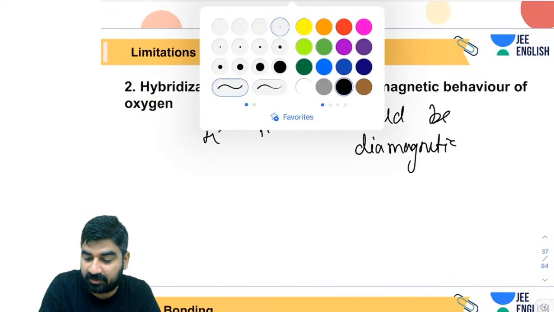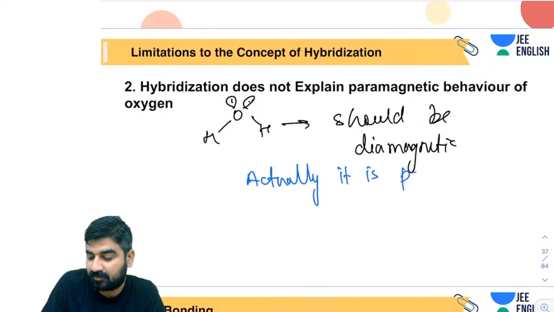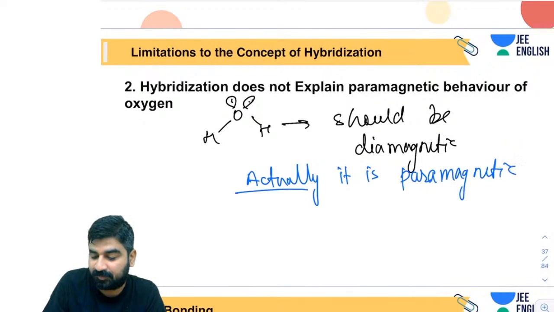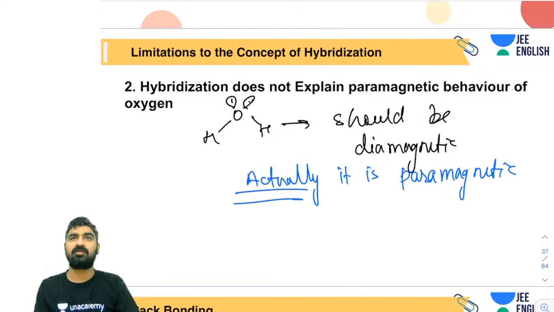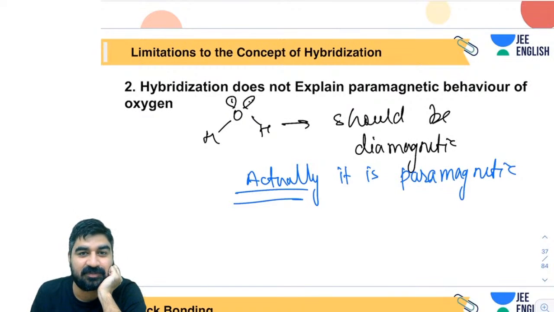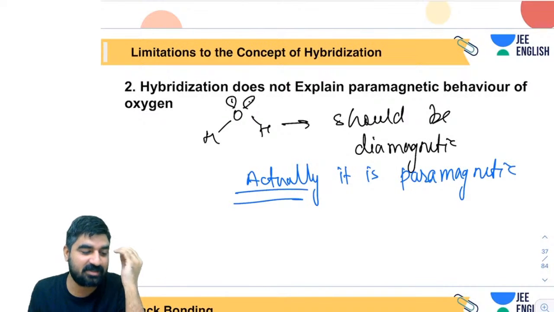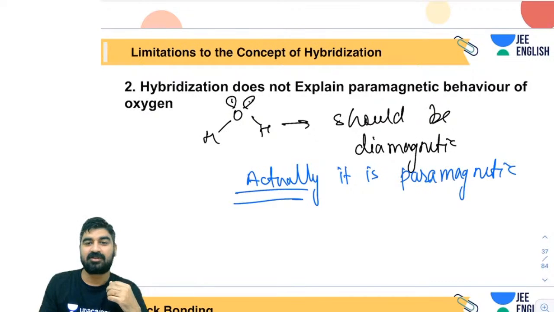It should be diamagnetic, but actually it is paramagnetic. So what is the reason behind it? Why is it paramagnetic? Hybridization could not explain it, because as per hybridization, it should be diamagnetic because all electrons are paired up. So there is no logic behind that.